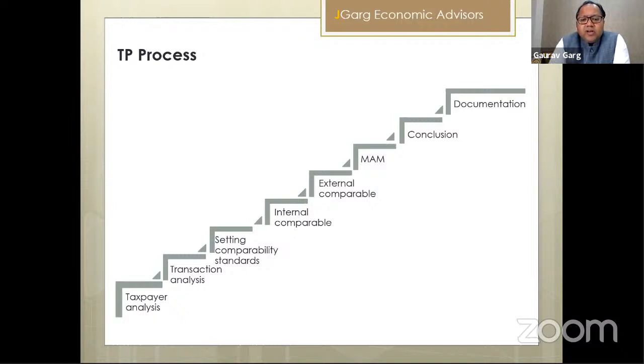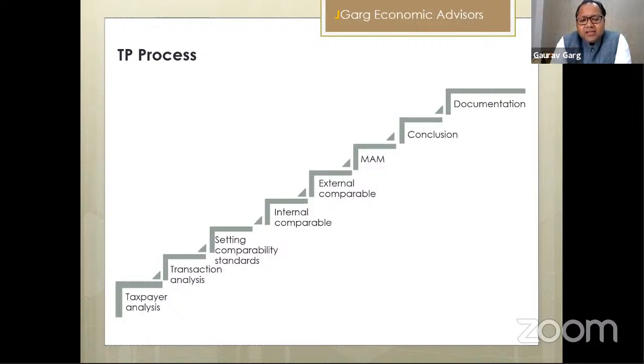So when it comes to benchmarking, which we're going to discuss as we move forward, one can certainly take India to benchmark the profits, because India is not doing many functions. India is pretty simple, less risk, less complex. So it would be easy to benchmark the Indian entity vis-a-vis the Middle East entity.